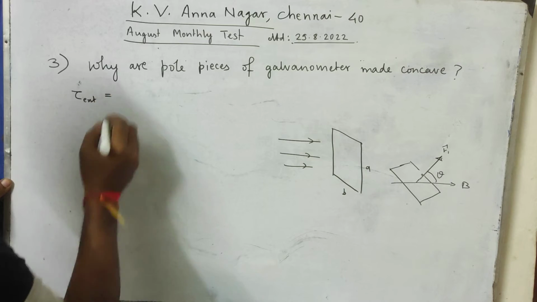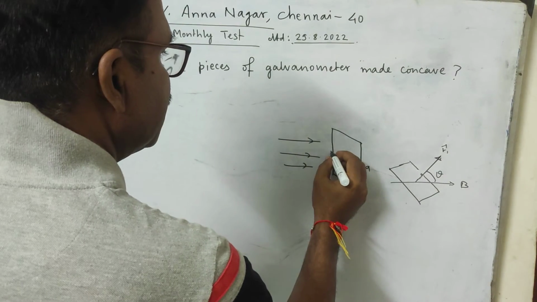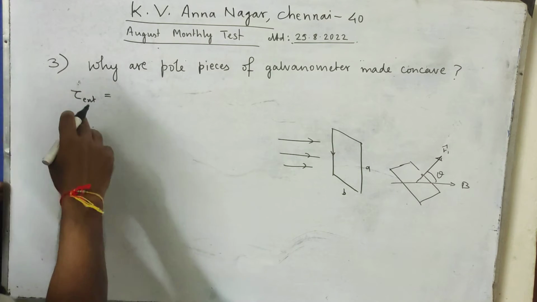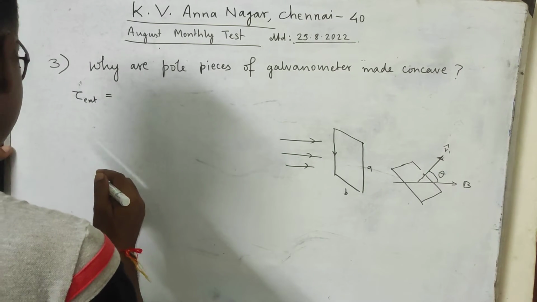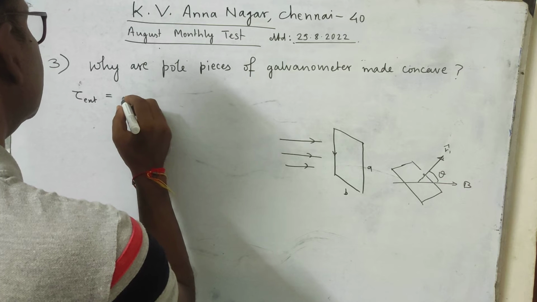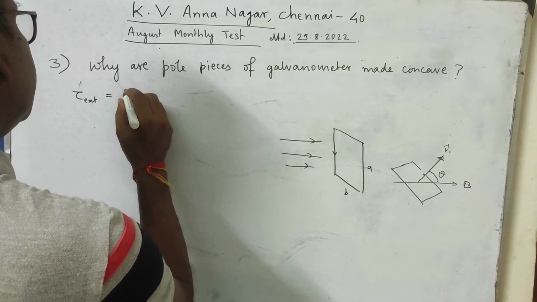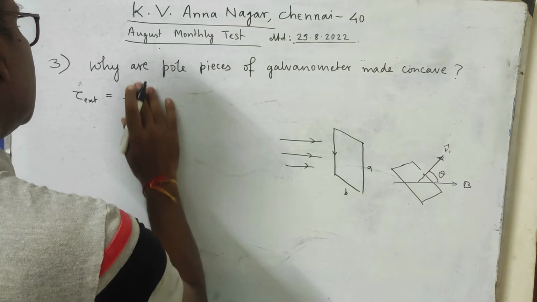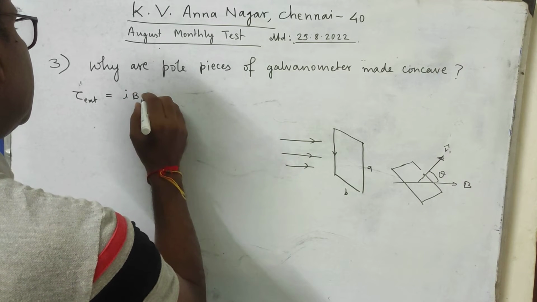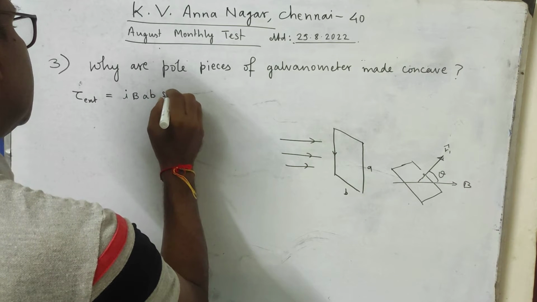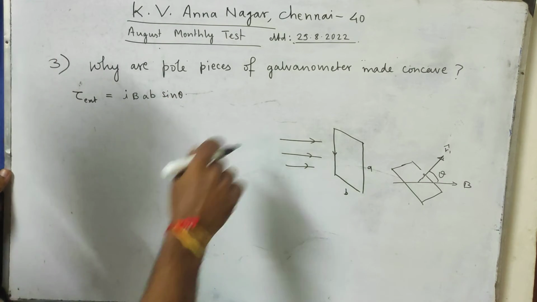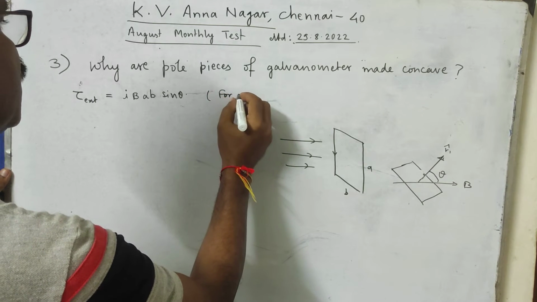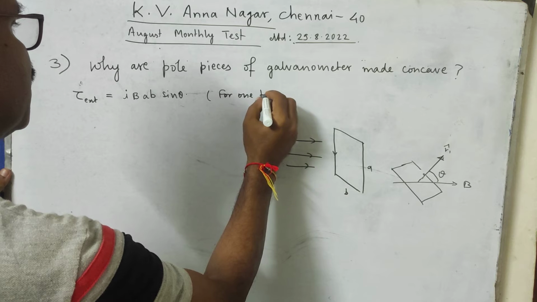Why do we say T external? Because the current is flowing. Whenever current is there, only then this torque is acting. So T external is equal to I B AB sin theta, for one loop, for one turn.